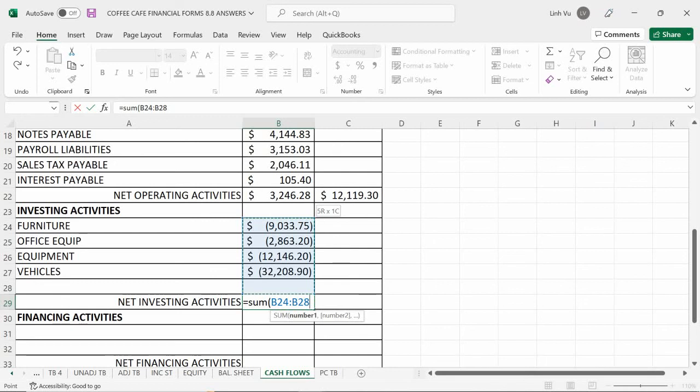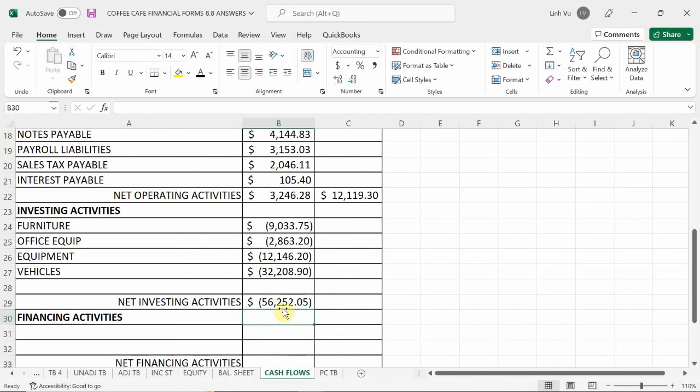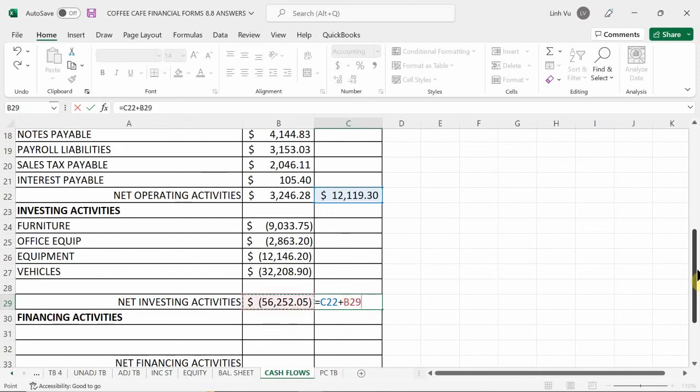Okay, you have a negative 56,252.05. So since I spent so much money to invest into my company, how much cash should I have now? I'm going to take my 12,000 from my operations, and subtract out that $56,000 that I spent to invest into my company.